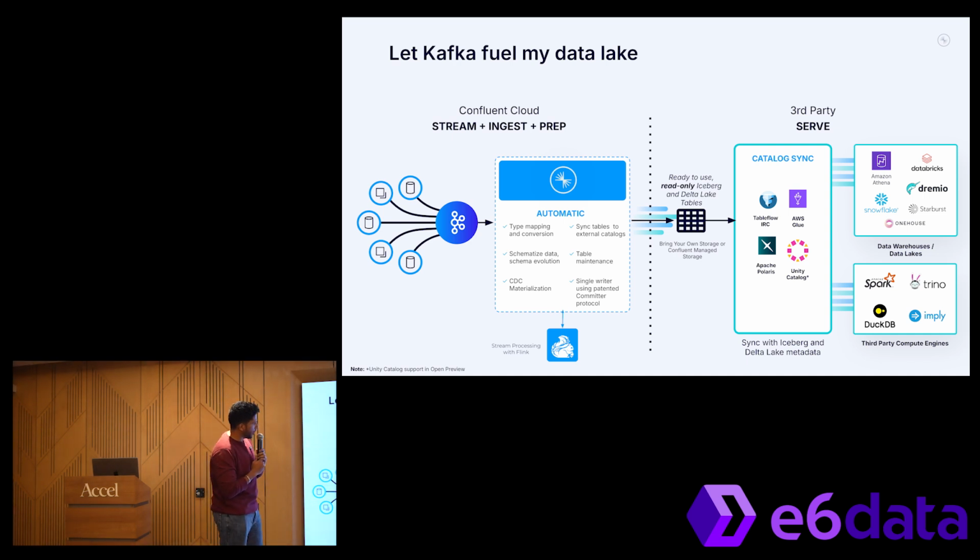No. In the case of TableFlow, currently Kafka is the only way to get that data into it. So let's say you have Postgres with a lot of tables. You have very mature connectors to get this data from your Postgres database to Kafka. We have 100 plus managed connectors in Confluent Cloud to do that.